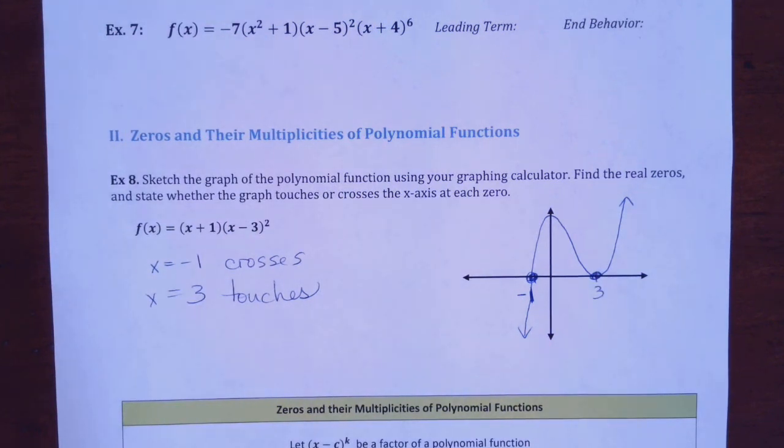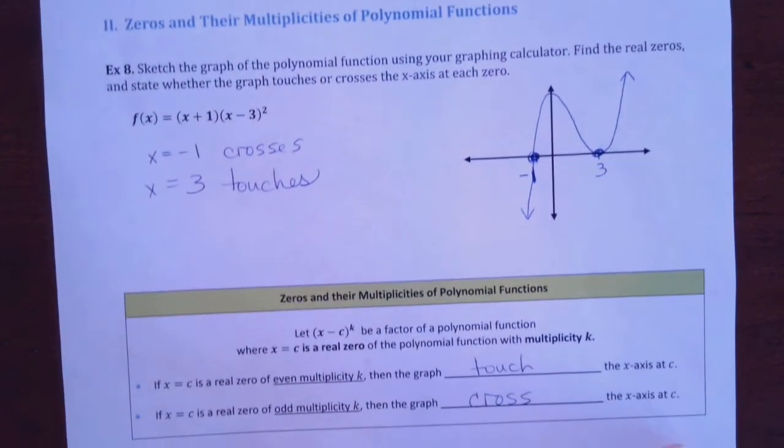The way that we know this is what we call multiplicities. It depends on how many times the factor occurs. In our problem, the x plus 1 only occurred one time, but x minus 3 actually occurs twice. So that's called a multiplicity of 2, and this one had a multiplicity of 1. We were just looking at the exponent, so it's a very simple process.